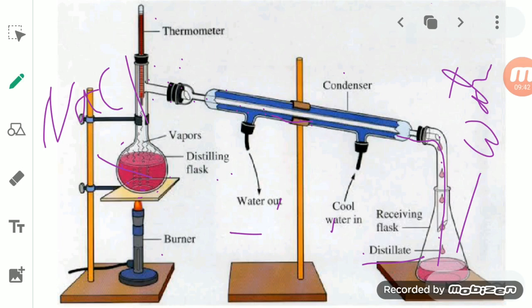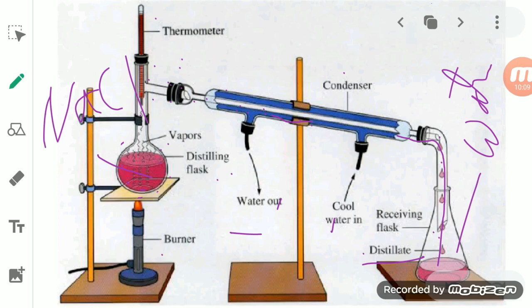So this is the process by which we can collect the pure liquid in the collector or the receiving flask, where they get separated with the help of the condenser. And the solid substance which was mixed with the liquid will remain in this flask. Okay, so we can separate both of them.